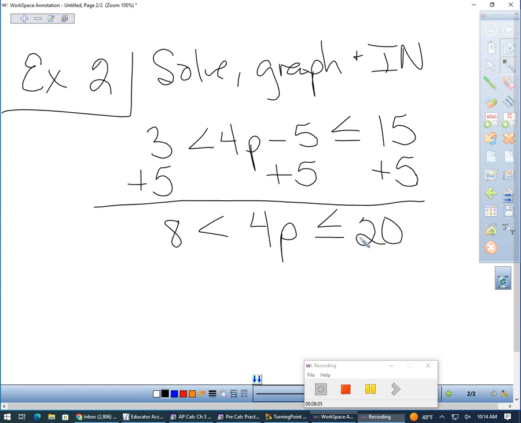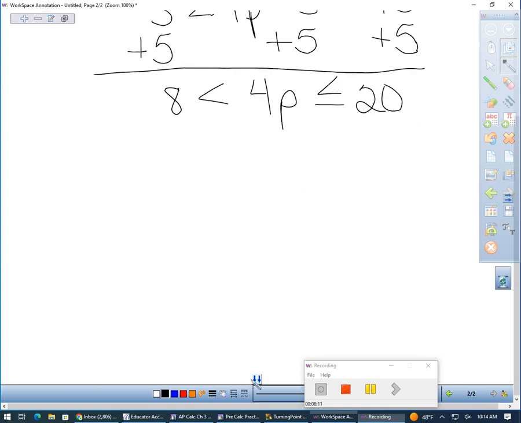Is p by itself yet? No, it's not, right? So if I divide the middle by 4, I have to divide everywhere by 4. Here, 8 divided by 4 is 2, less than p, less than or equal to 5.